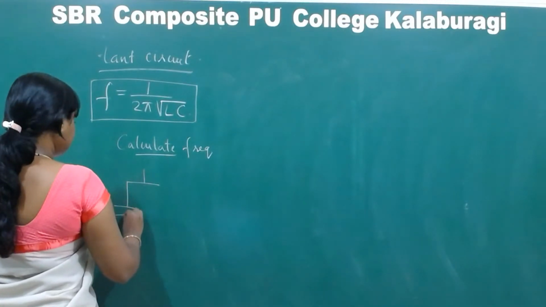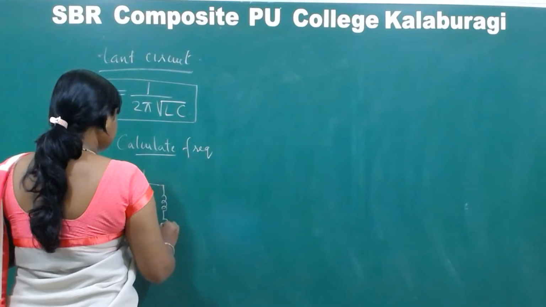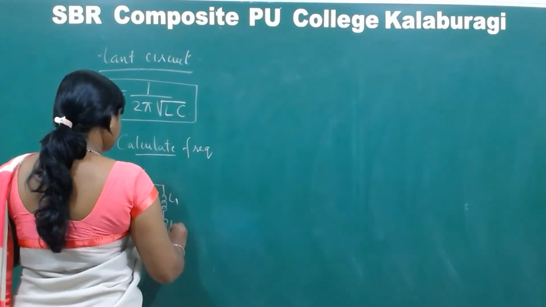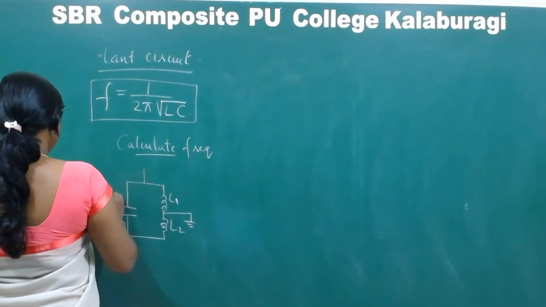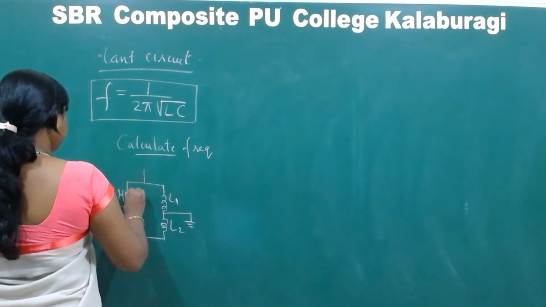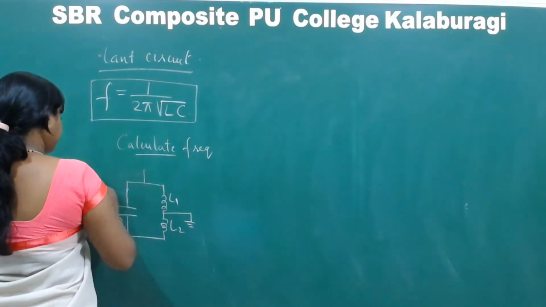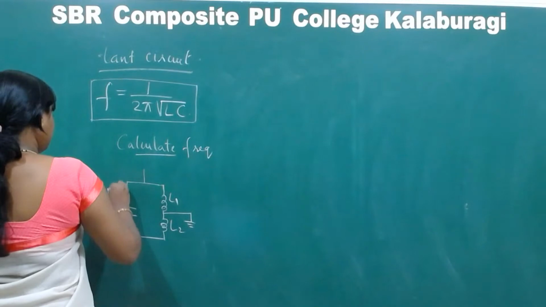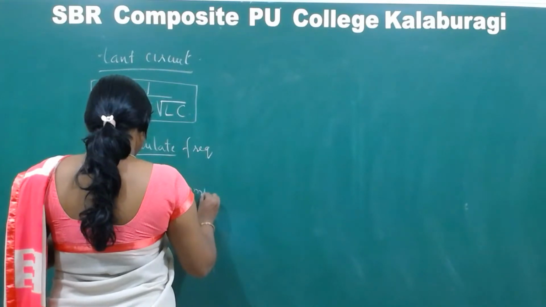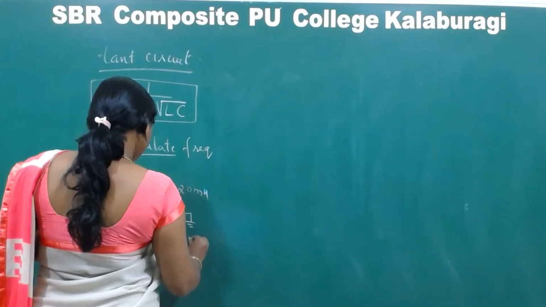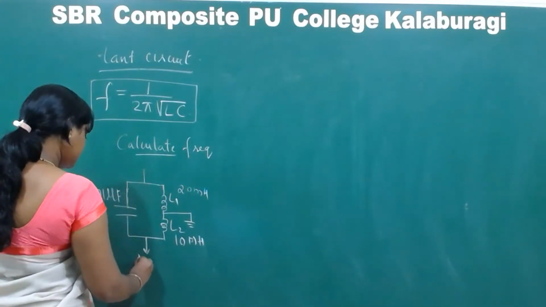For the given circuit, calculate the frequency. The capacitor is 0.01 microfarad, and 20 millihenry and 10 millihenry are given. This is the amplifier input.